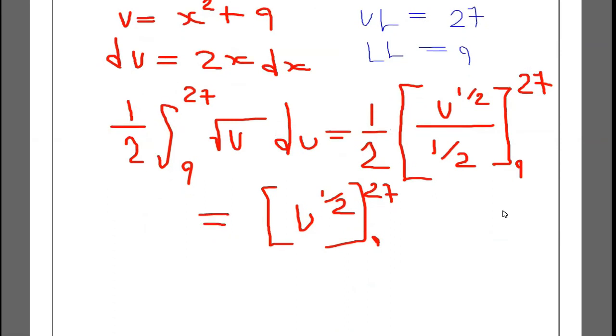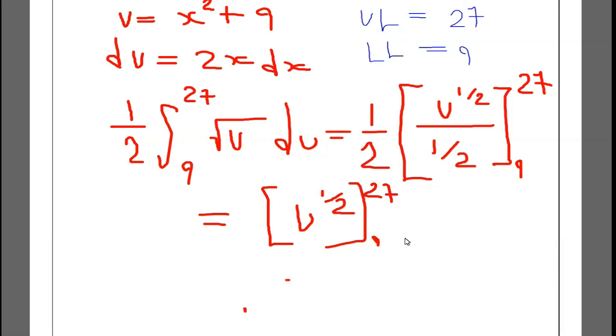So when we plug in 27, we're getting the square root of 27 minus, this is u to the half. Oh, my apologies. Right here, a mistake is made.